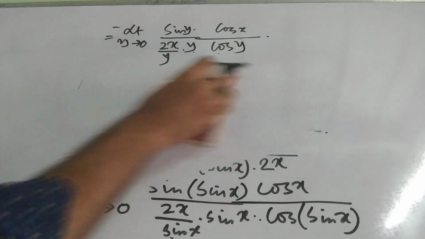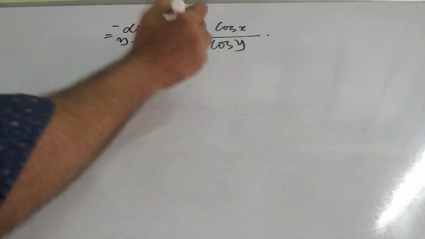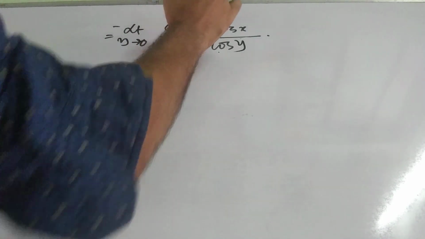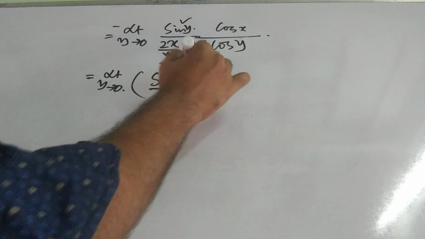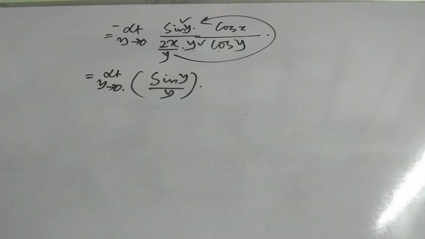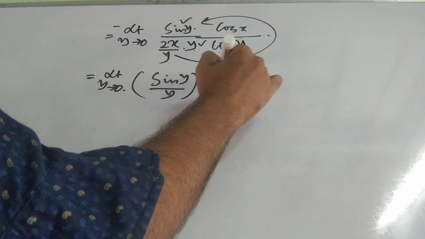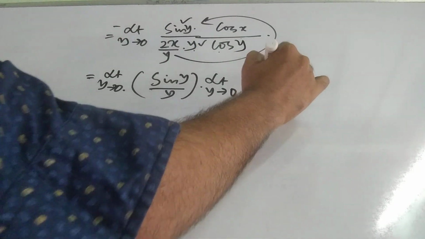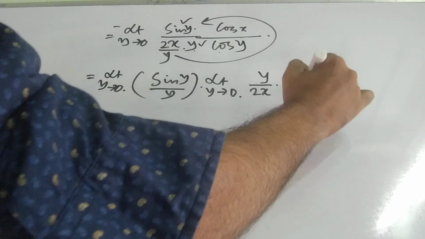Now y is a substitution of the variable x, so I can write limit y tends to 0. I am taking sin y by y in another expression. Y goes up in the numerator because it is in the denominator of the denominator. So limit y tends to 0, y by 2x into cos x by cos y.